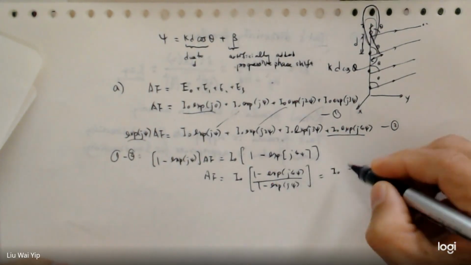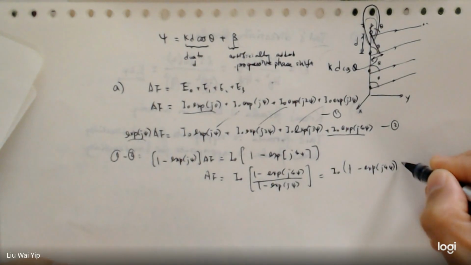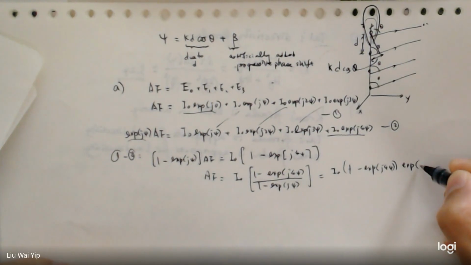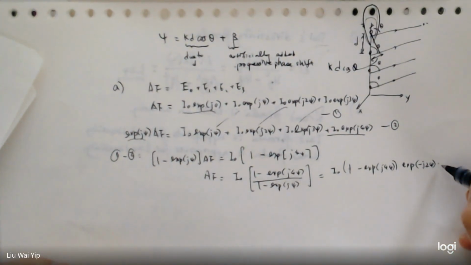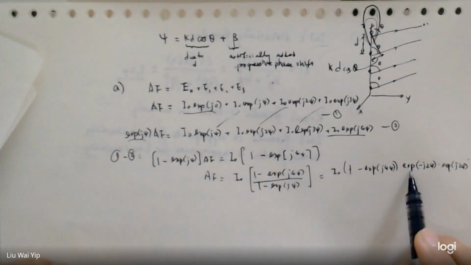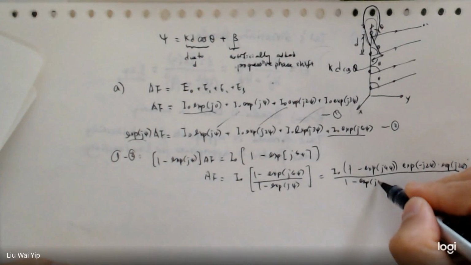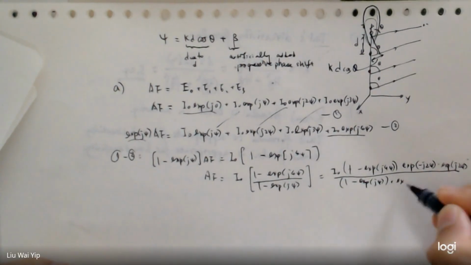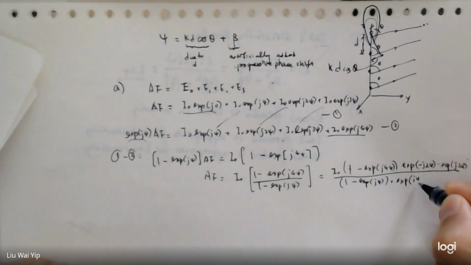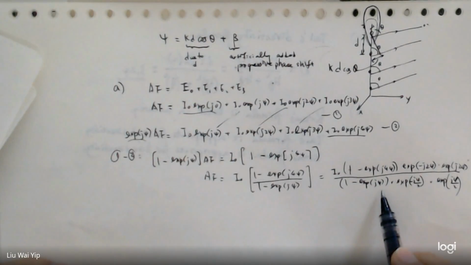In this case, the top one can be multiplied by minus j2, and then multiplied by the opposite, so essentially the top expression has no change in value, and the bottom expression is similar, with no change in value.